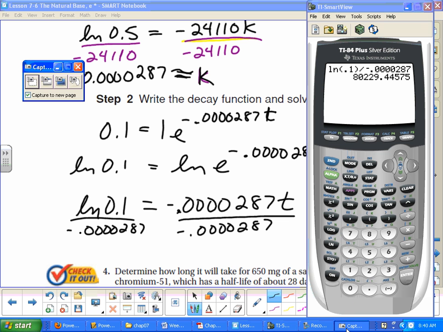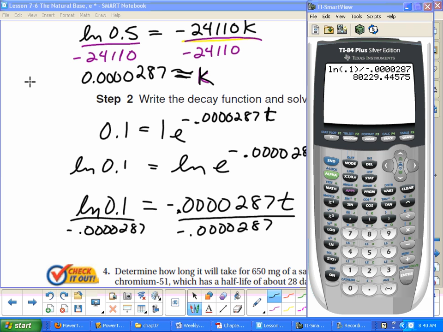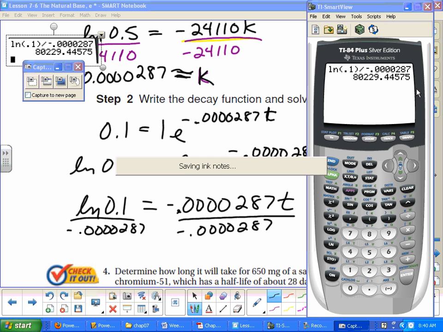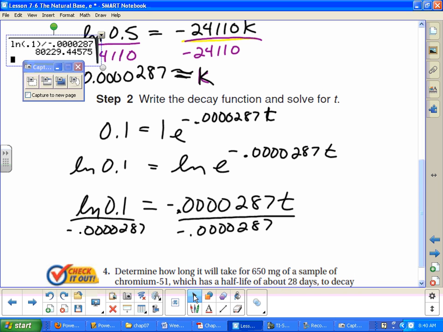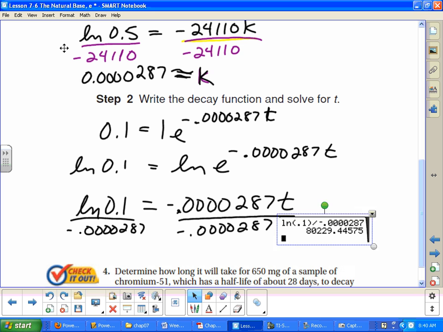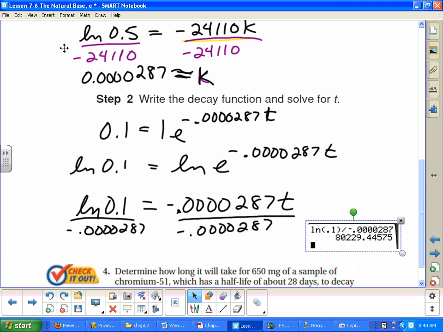A little bit longer, wasn't it? So approximately 80,229 years. The fact is that it is going to take a lot longer for that to happen.